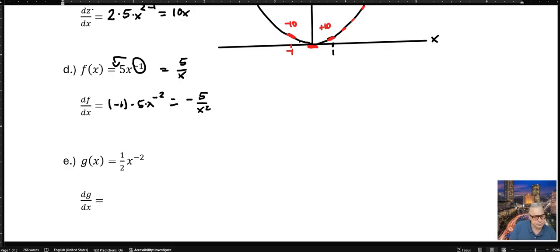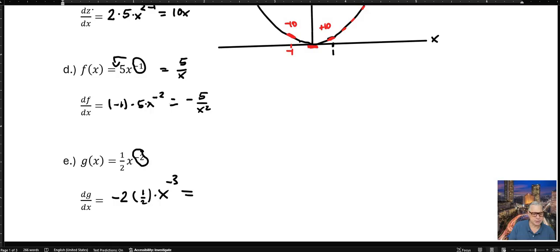Okay, next one. So here we have g of x. Step 1, the exponent goes in front. So now we have negative 2 times 1/2 times x raised to the negative 2 minus 1, so that becomes negative 3, equals.